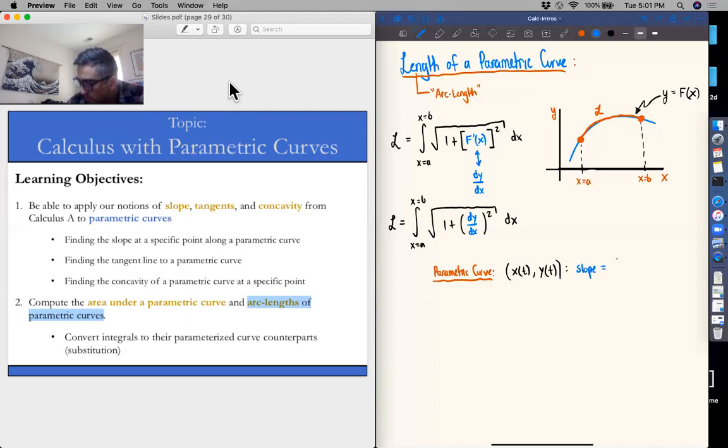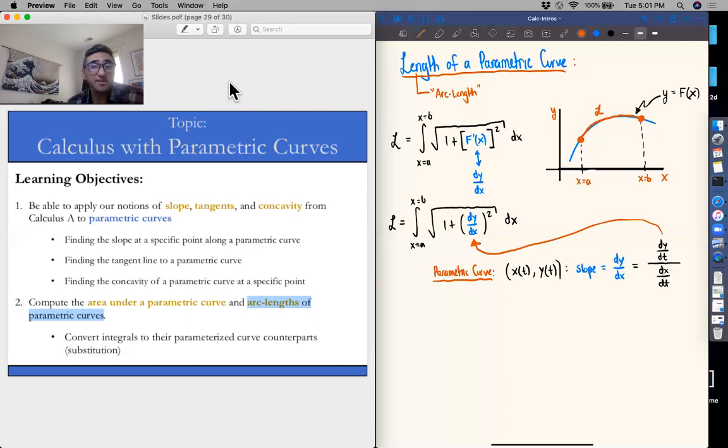And the slope we still thought about as dy dx, basically a change in the vertical divided by a change in the horizontal. And we could write this in terms of those functions, x of t and y of t, or really a ratio of their derivatives. So the slope dy dx is equal to dy dt divided by dx dt. So we're going to take that slope that we just found and basically plug it into that integral.